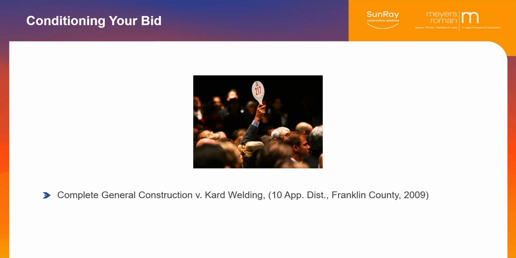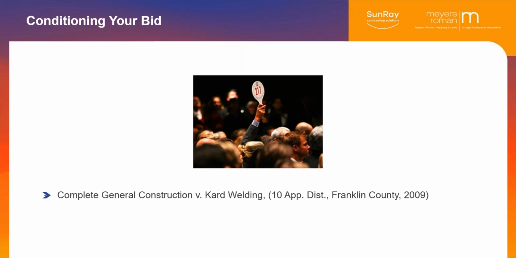At the first tier level, going up to the contractor, the contractor, when you give them your bid, is going to rely on your bid to make their bid to the owner. When that happens, you made the bid, they used your bid in their bid, you're stuck.